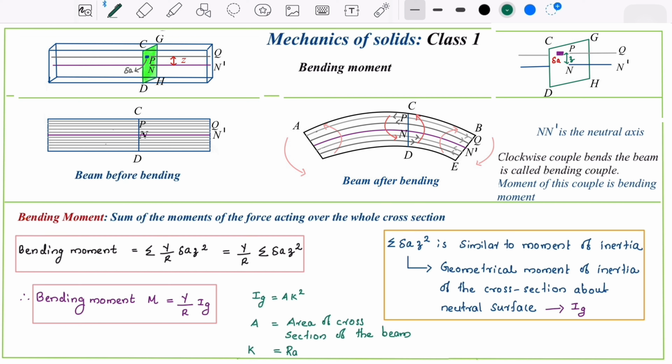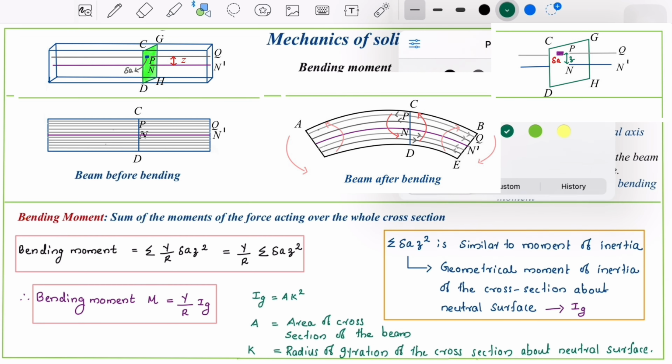K is nothing but the radius of gyration of the cross section about the neutral surface.